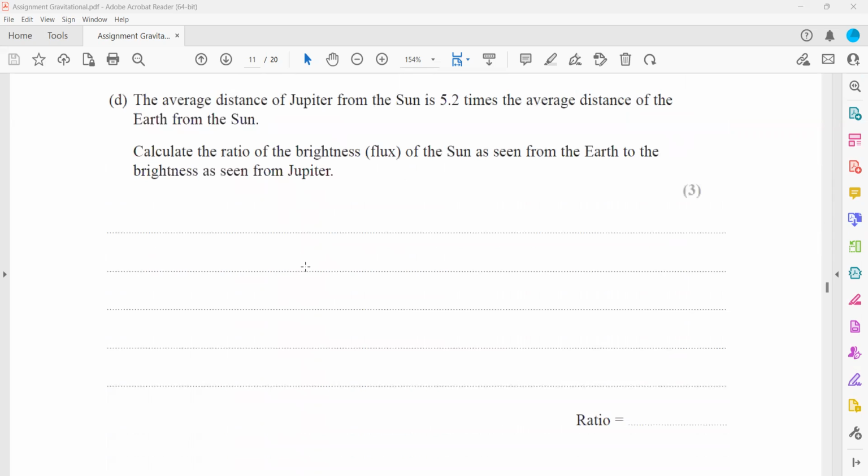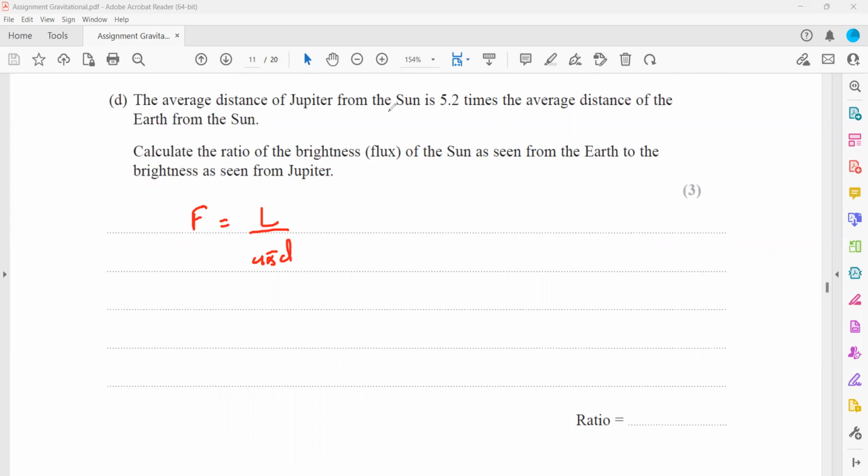The average distance of Jupiter from the Sun is 5.2 times the average distance from the Earth to the Sun. Calculate the ratio of the radiation flux of the Sun as seen from Earth to that seen from Jupiter. The formula for flux is power, or luminosity, divided by 4 pi d squared. That's the formula which relates power and distance.